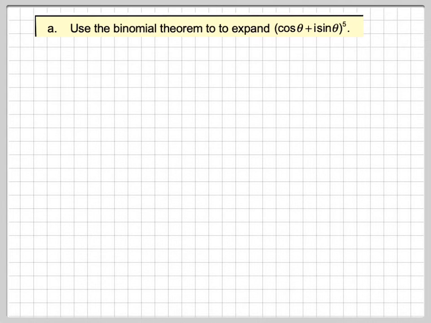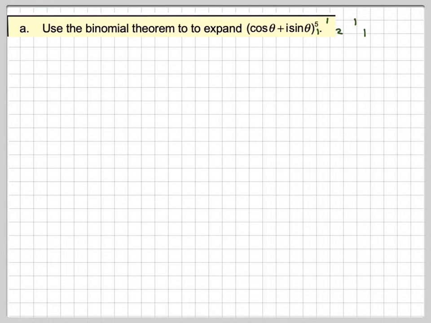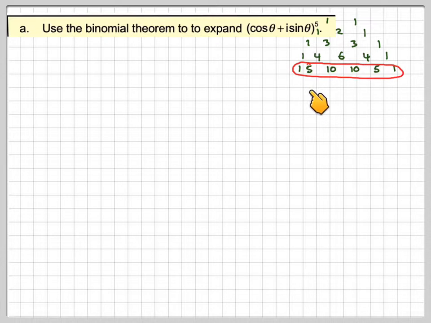Okay, so first of all we're going to expand (cos theta + i sin theta) using the binomial theorem. If we write out the terms of Pascal's triangle, we want the power of 5, so this is the one that we need: 1, 5, 10, 10, 5, 1.